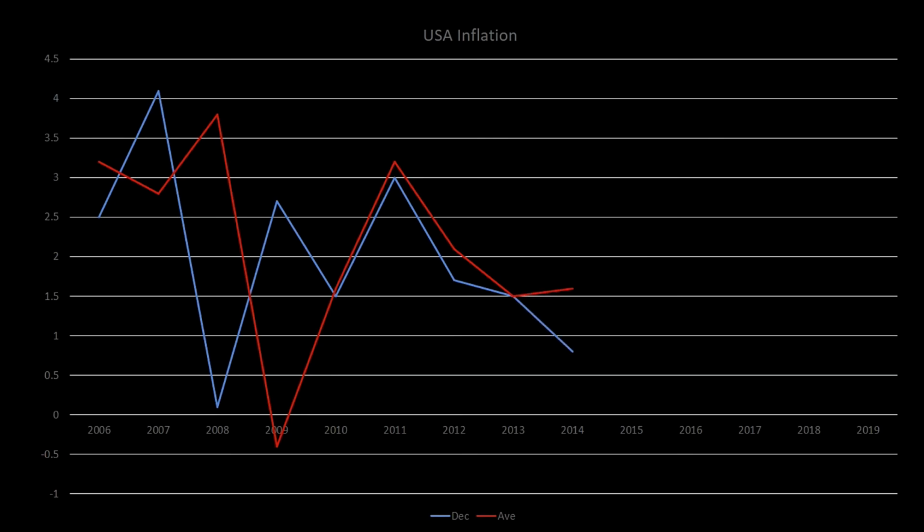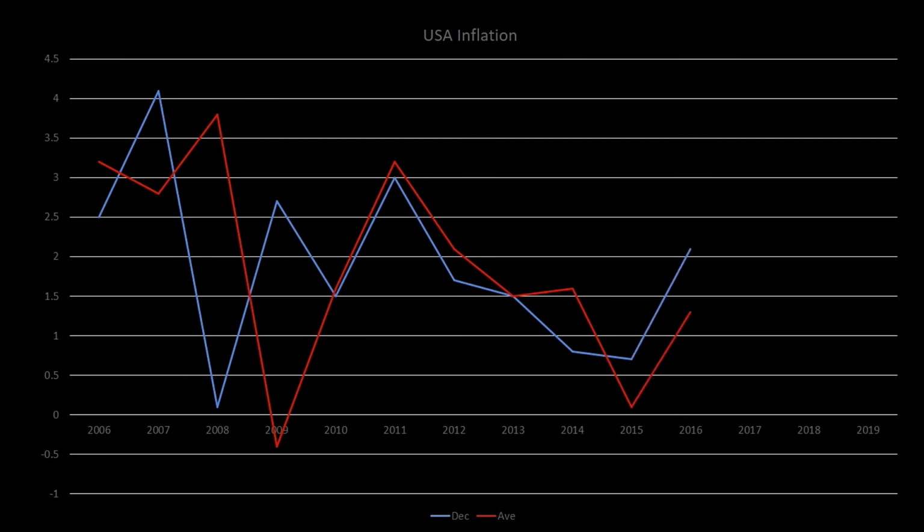It changed in 2014. For December it was 0.8 and the average was 1.6. Similar pattern, the average went drastically down and the year-end one went a little slower than that. So you can say the overall year was really lower than the last month.